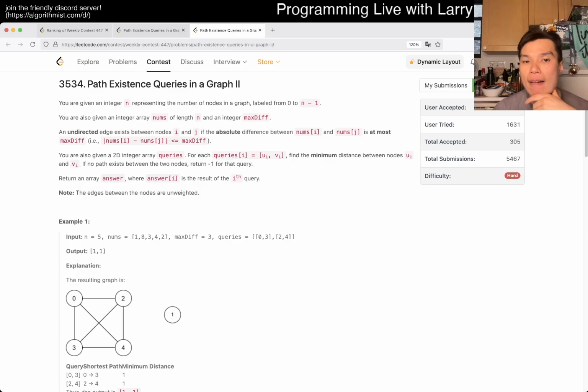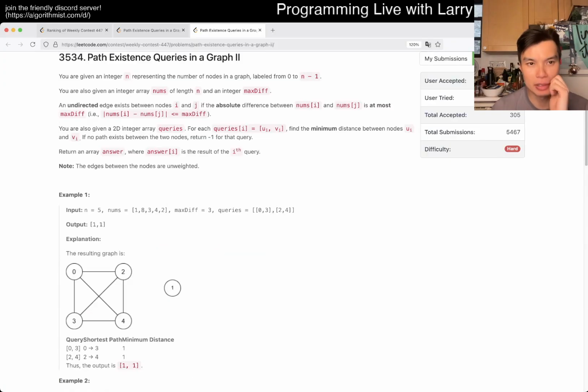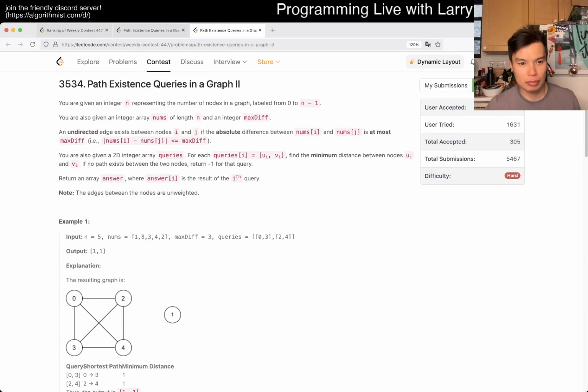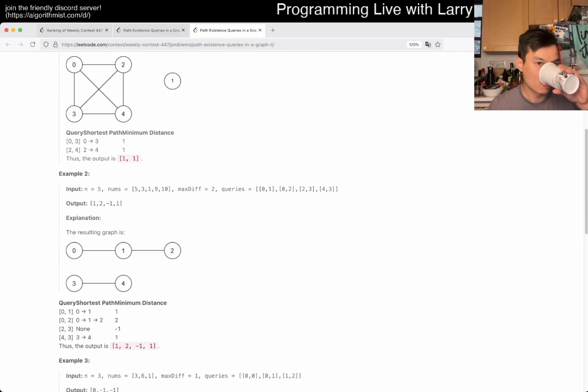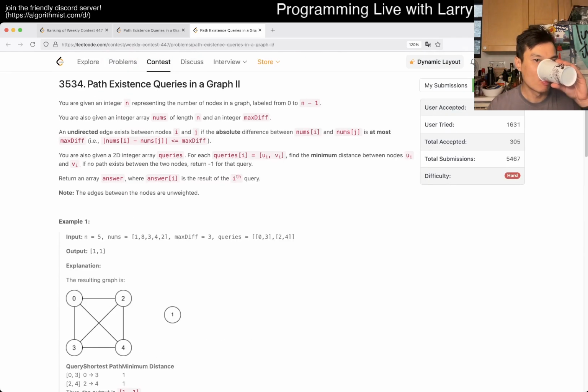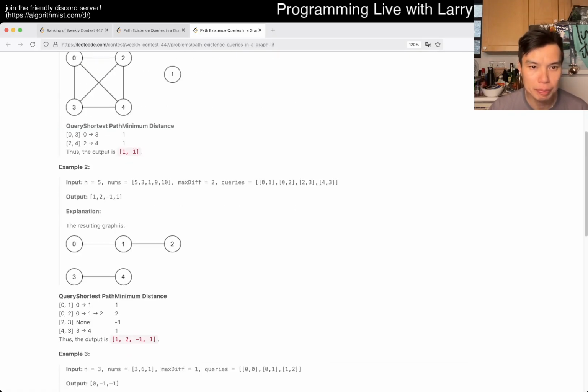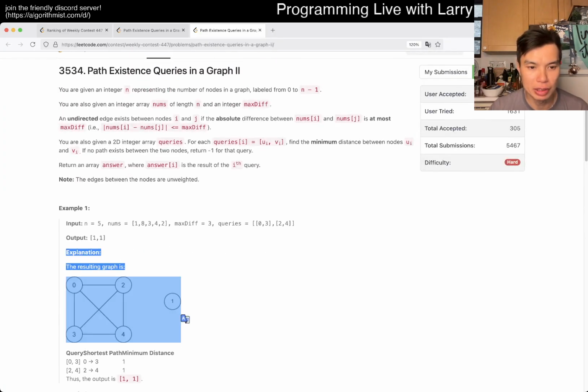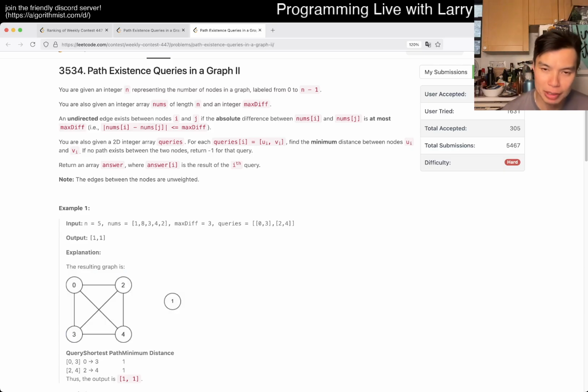Huh. How do I want to think about this? Yeah, but some graph could be like this, where 0 can go to 4, right? I'm just talking to myself. So what does that mean?